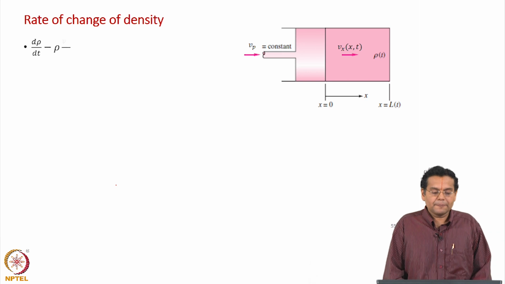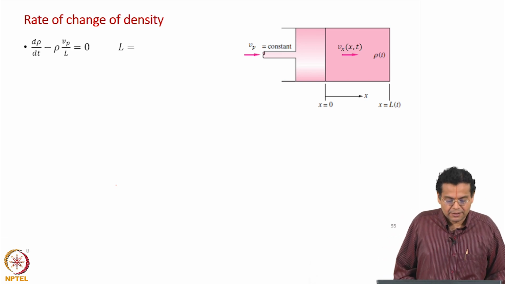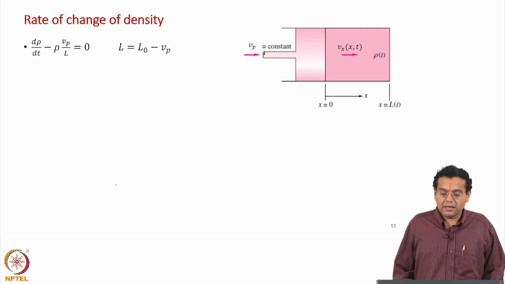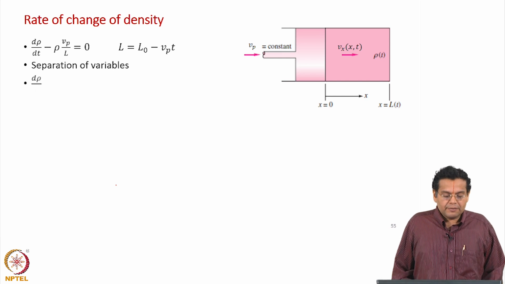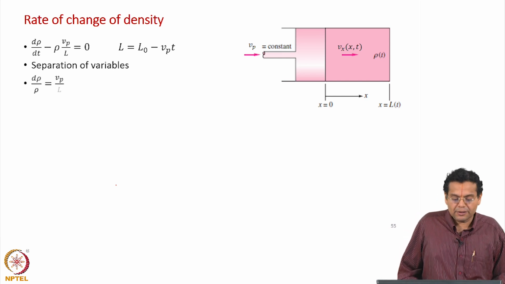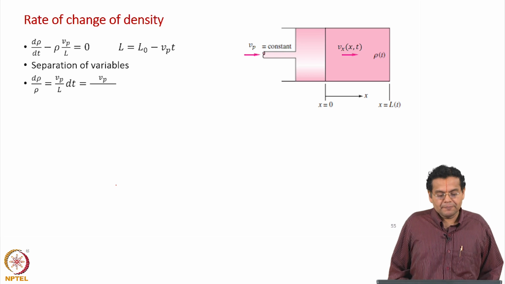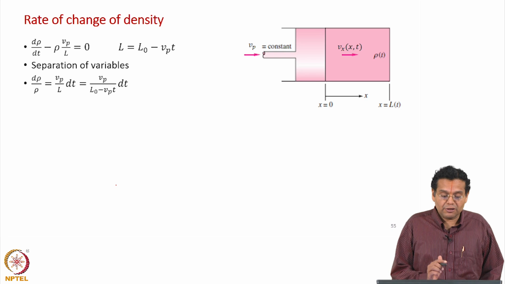D rho by dt, repeating the same equation here. L is equal to L naught minus V p t, it is a function of time. So, let us use separation of variables. We bring rho here: d rho by rho is equal to V p by L into dt. We will substitute for L, since it is a function of time.